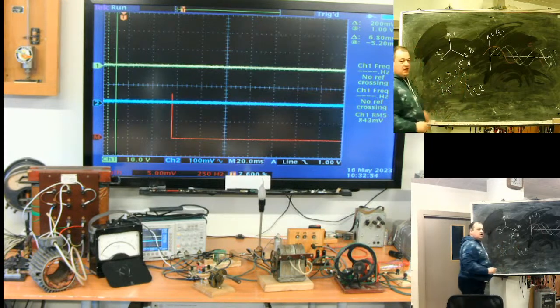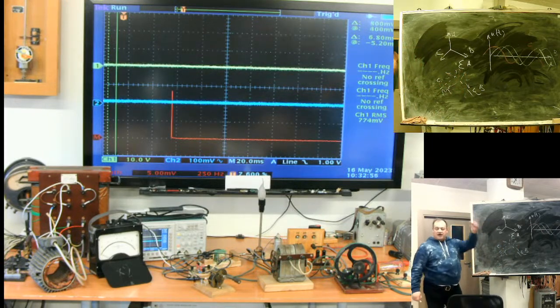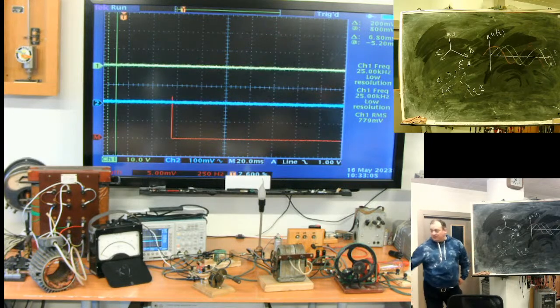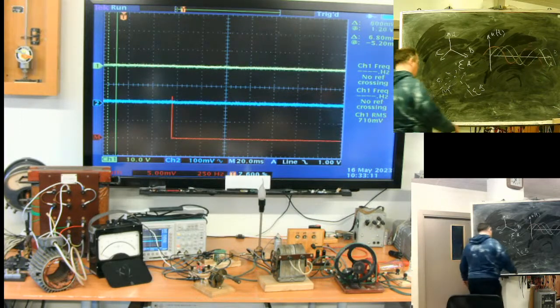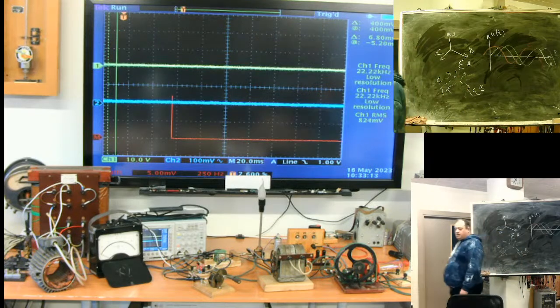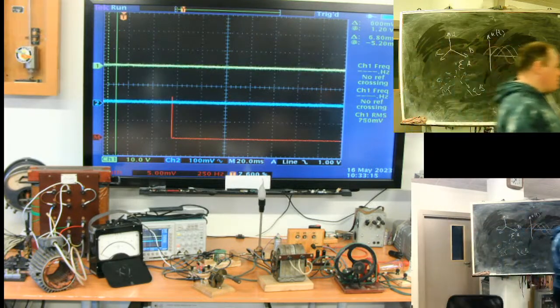What will we see? A rotating magnetic field. The maximum of the magnetic field goes forward and the ball is attracted.